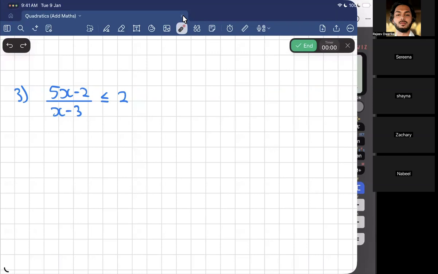Right, so Nabil, you there? Yeah. All right, so Nabil, when you come down to the part with the factorization, we want to figure out where everything is less than or equal to what? 0. I mean 2. No, less than or equal to 0. I'm talking about the line where you have (3x + 4)/(x - 3) less than or equal to 0. So we are trying to see where it's less than or equal to 0.